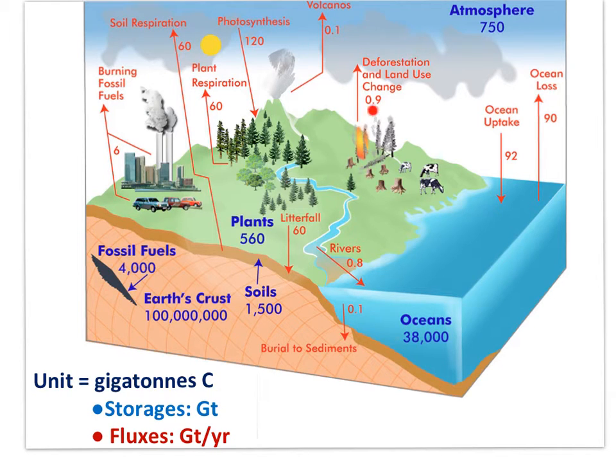But with land use patterns changing and fossil fuel combustion, the atmosphere has a net gain of carbon dioxide. Notice the largest storage of carbon is in the Earth's crust. This would be mostly sediments of calcium carbonate. Notice the fossil fuel storage here.